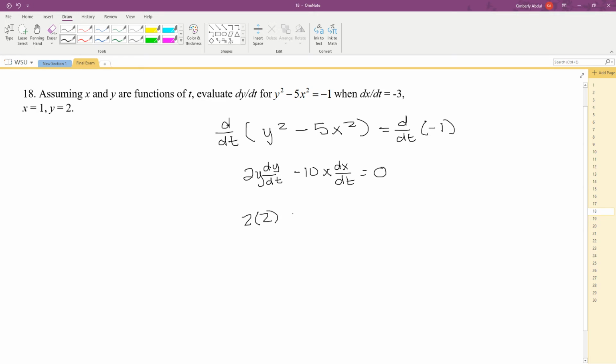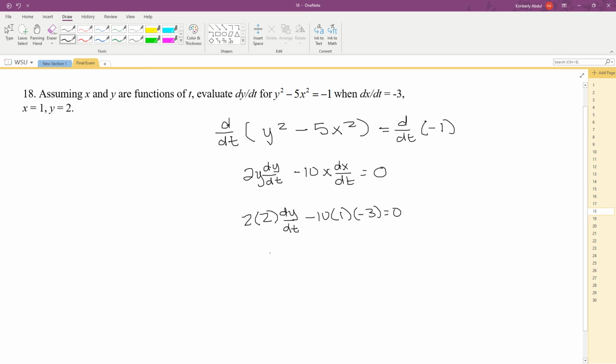And then I don't know what dy/dt is, so I'm going to keep that the same. Then minus 10. I do know what x is. X is 1 here. And then dx/dt is negative 3. And that is all going to be equal to 0.